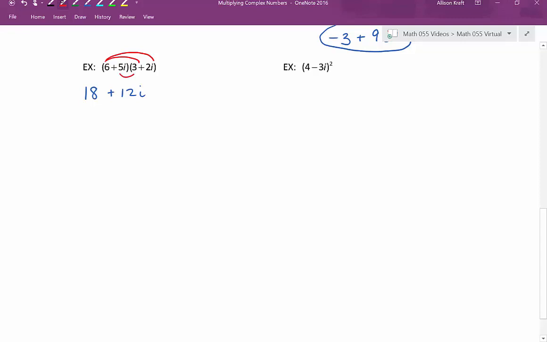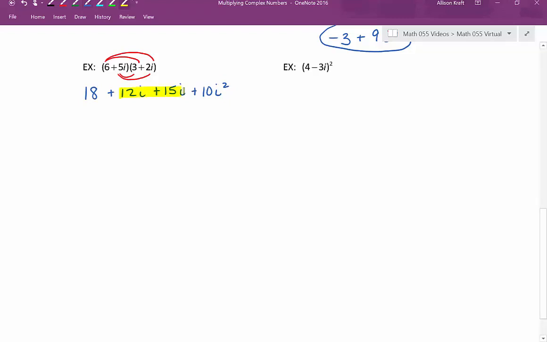A positive 5i times 3 is plus 15i. And a positive 5i times a positive 2i gives us positive 10i squared.